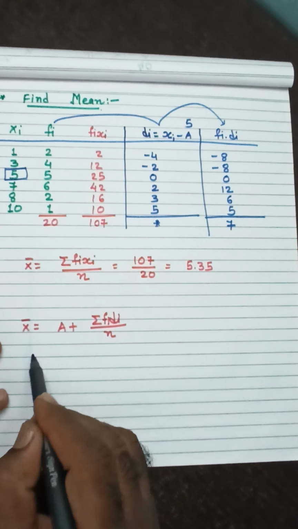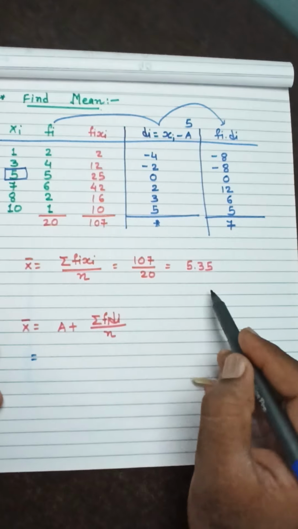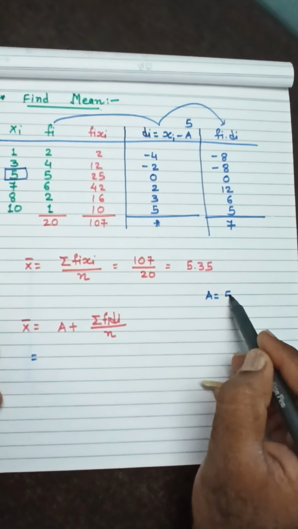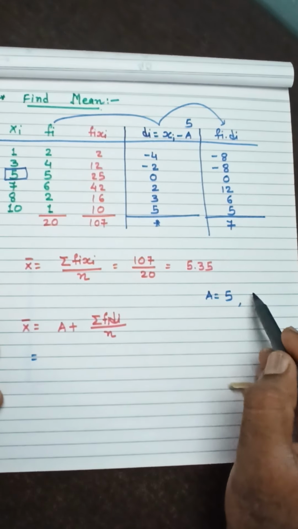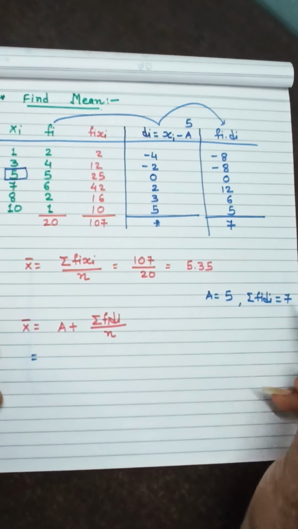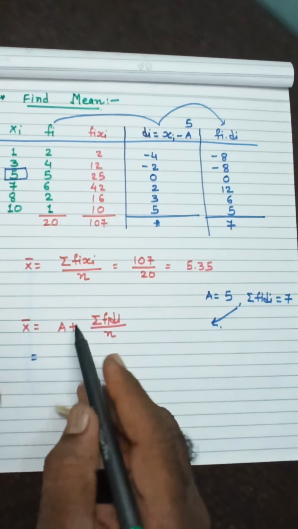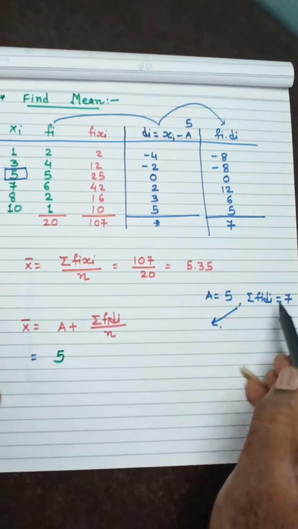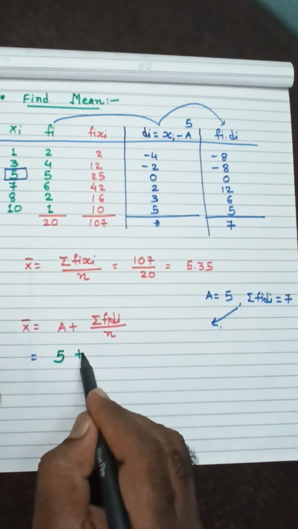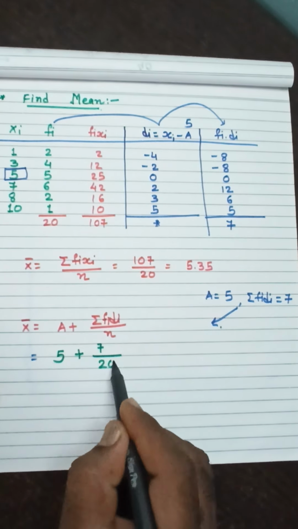So the assumed mean A is equal to 5, and sigma of fi di is equal to 7. So A is equal to 5, fi di is plus 7 upon n equal to 20.